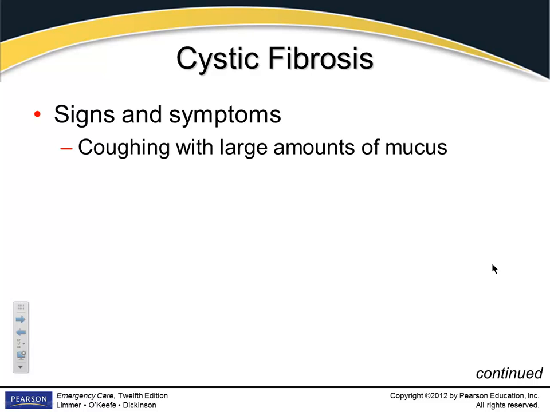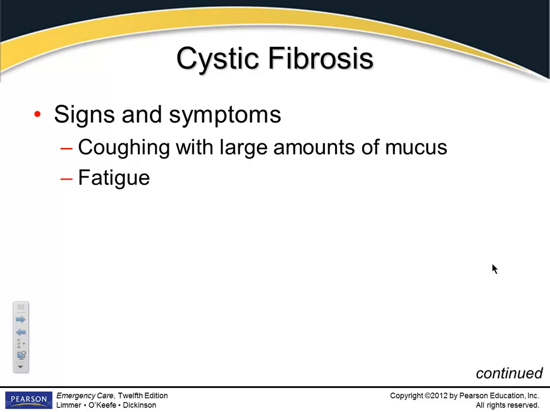Signs and symptoms. Now they can have an acute exacerbation also, just like we talked about with asthma. You may be an asthmatic, but you have an acute presentation where you have an acute asthma attack. Same thing with your cystic fibrosis patients. They may manage their disease relatively well, but they may have an acute buildup of mucus where they actually cough up mucus.